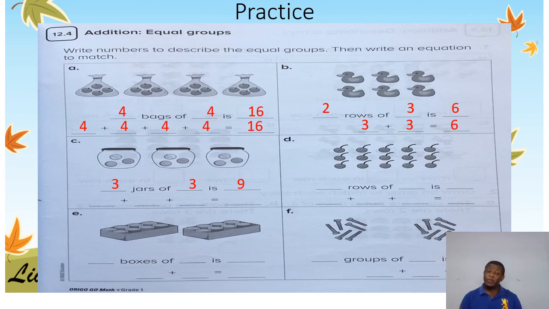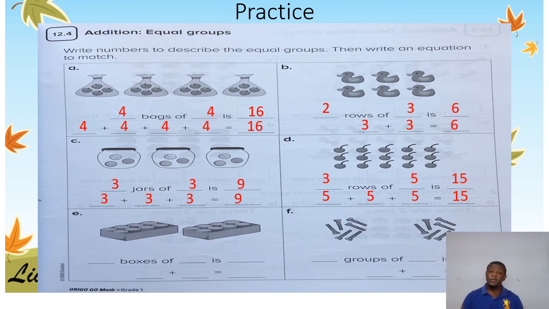So we write 3 plus 3 plus 3 equals 9. And part D. We've got 3 rows of 5 is 15. And the equation will be 5 plus 5 plus 5 equals 15.